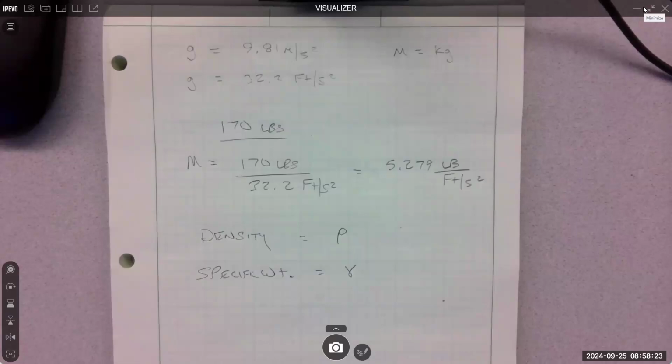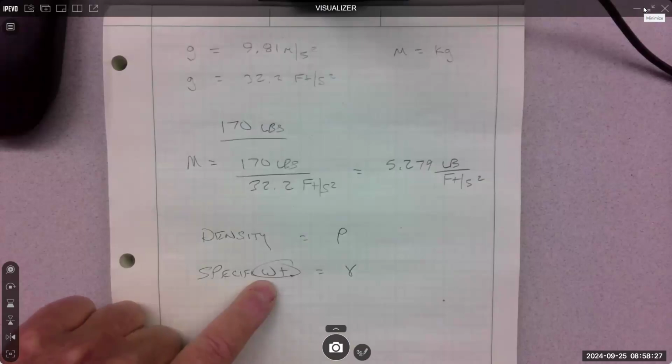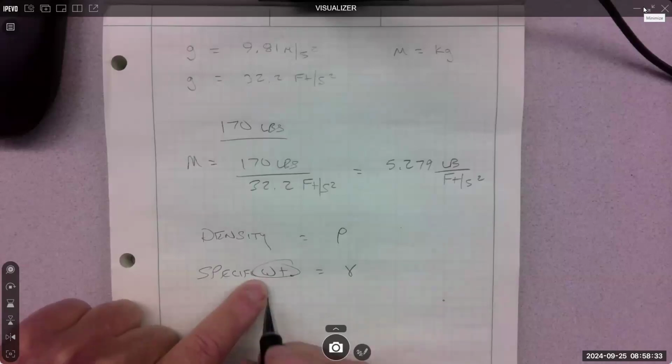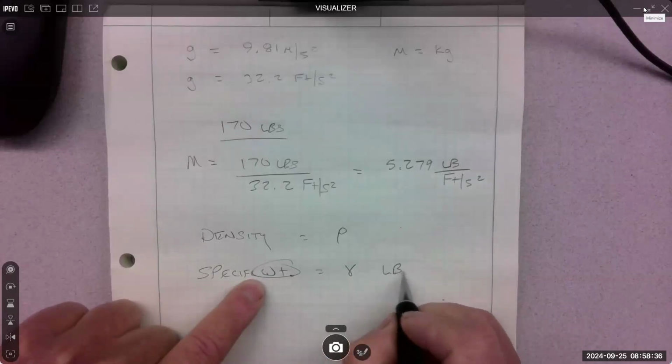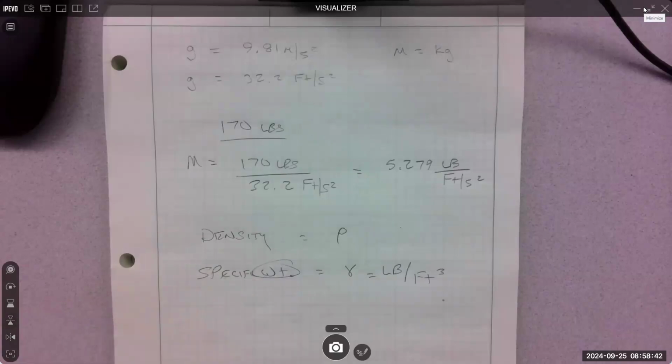I'll tell you an easy way to remember it. This says specific weight. Weight is what? What's the unit of weight? Pounds. Okay. So this is pounds per cubic foot, because this looks like an imperial problem. Specific weight uses weight.